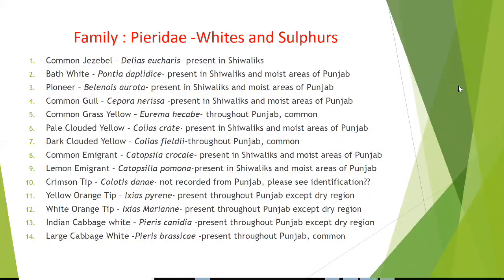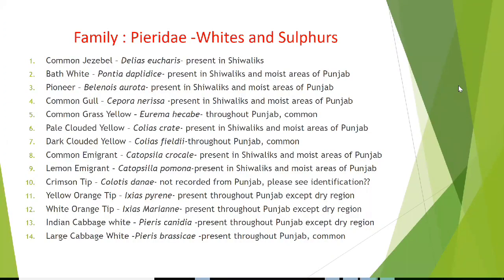So we come to family Pieridae, whites and sulfurs. They're quite common, almost all of them. The problem lies with the Indian cabbage white and large cabbage whites, which are considered to be of economic importance to the farmers because they feed on cabbage leaves and they do cause some harm.